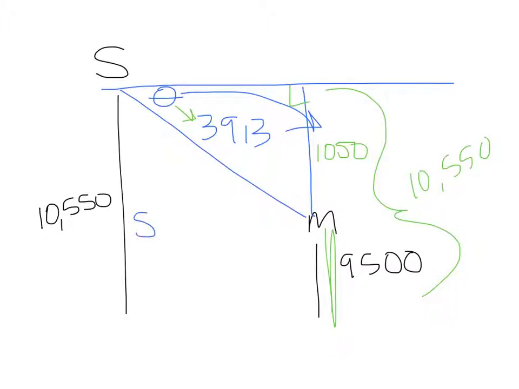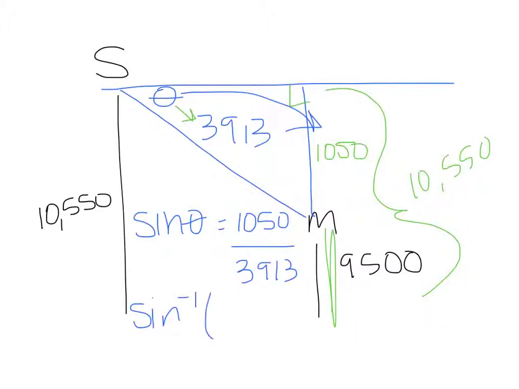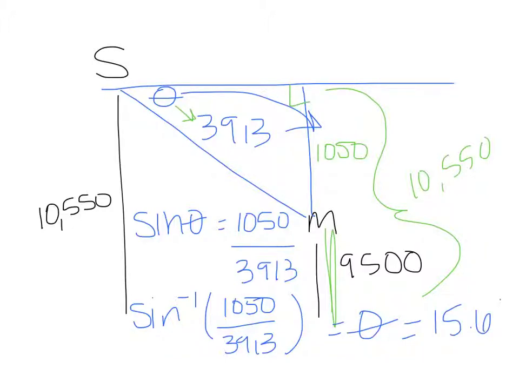So again, the sine of theta is 1,050 over 3913. So I do on my calculator inverse sine of that ratio, and that gives me theta, and it tells me that theta is 15.6 degrees. So that's the angle of depression between those two parts of the mountain.